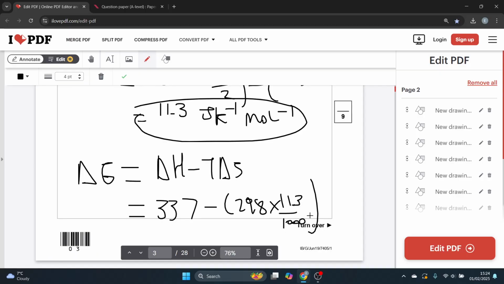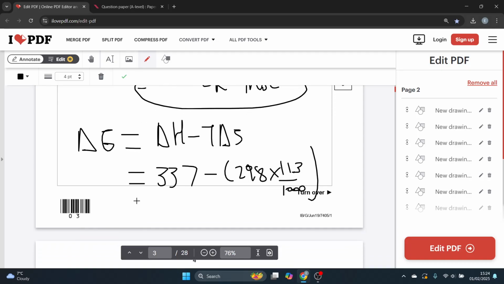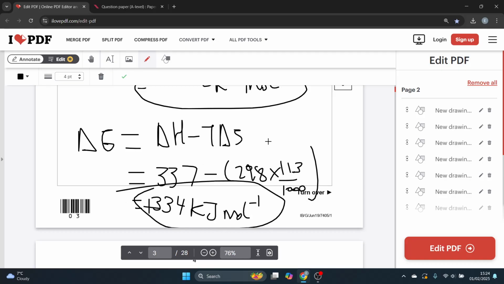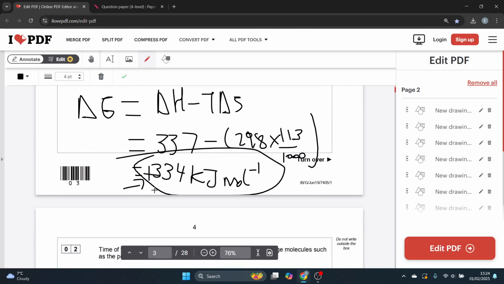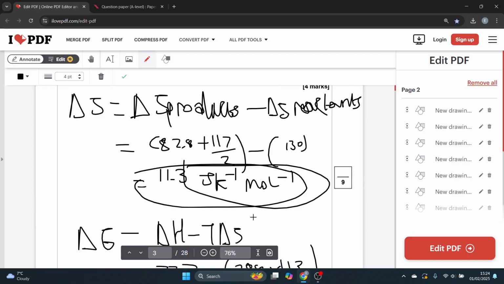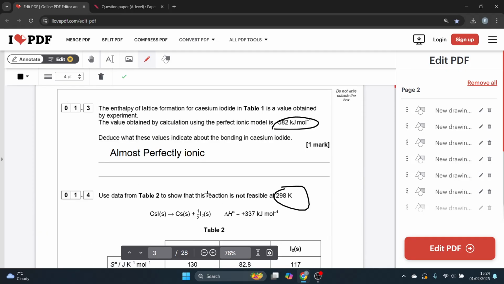If I do that, 11.3 divided by 1000, I get 334. That's in kJ mol to the power minus 1 because delta H was already in kilojoules. I convert delta S into kilojoules because delta S is usually measured in J K to the power minus 1 mol to the power minus 1, so divide by 1000. Because that's greater than 0, it is not feasible.